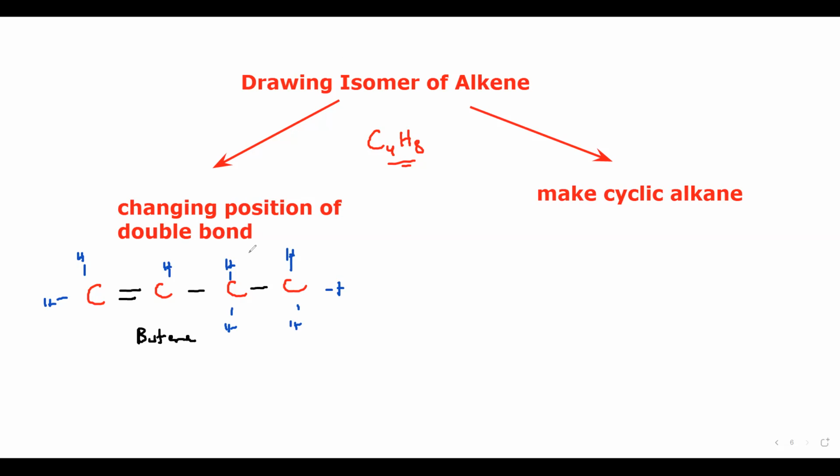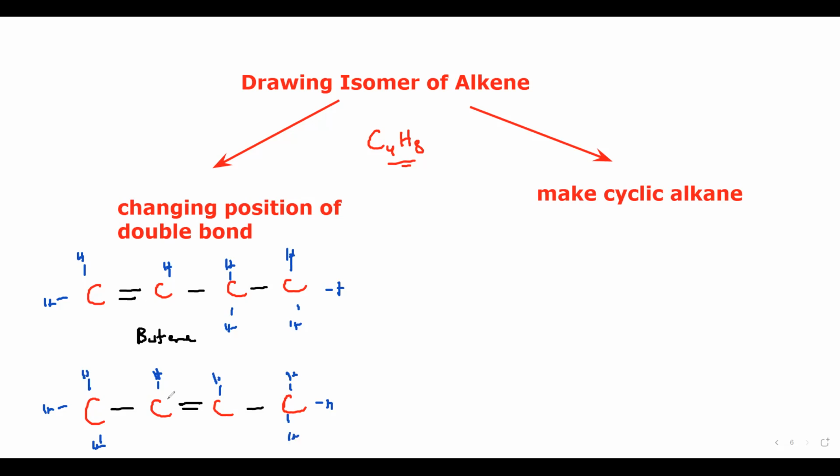Now if we want to draw the second isomer, we can change the position of the double bond. The double bond was between first and second. Now we'll make it between second and third, and the rest single bonds. And then we put hydrogens. The last one will have 3 hydrogen. The center ones, left and right of the double bond, will have a single hydrogen, and the rest will have 3 hydrogen.